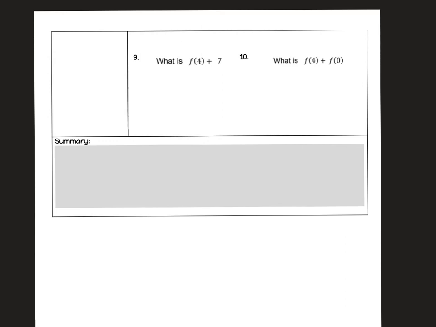So in question number 5, we solved for f of 4 and we got 3. So this question is telling us to take the answer from number 5, which is 3, and do 3 plus 7, because it's telling us to add 7. And when we do that, our answer is 10.